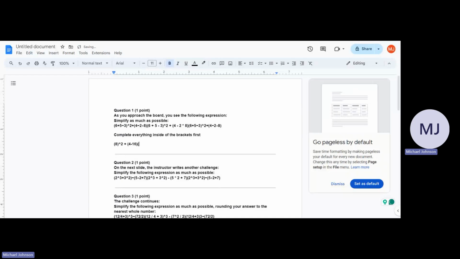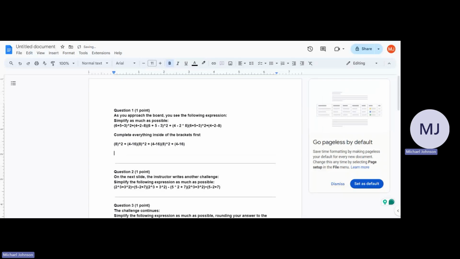And then 6 plus 5 minus 3 would be 8 again, and then squared here, plus 4 minus 2 times 8, so 4 minus 16. So you get this, and then 4 minus 16 would be negative 12 here.